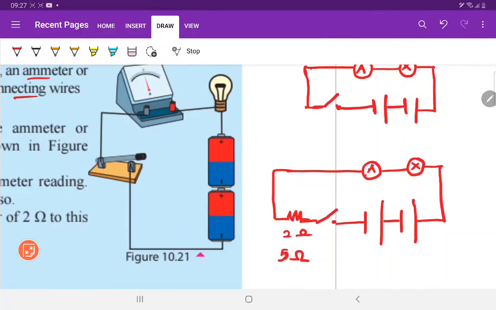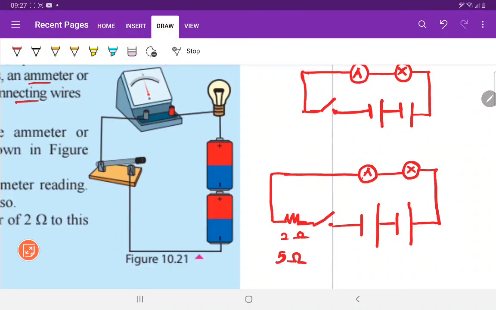So what do you think, children? Here, two dry cells are connected with an ammeter and a bulb without any current controlling components, so it will show the current supplied by the two dry cells.